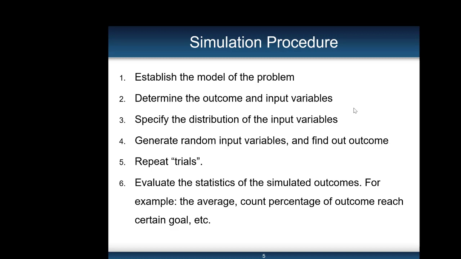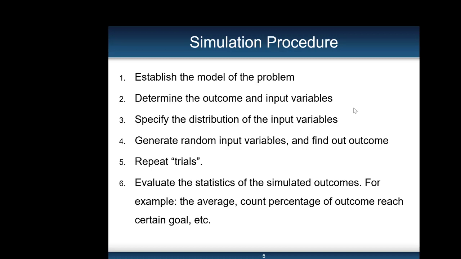So once you have decided these choices, then you're going to actually simulate random variables for these input variables. For each input variable, once you have simulated a random draw from its distribution, you can put them together into the model and get one outcome.